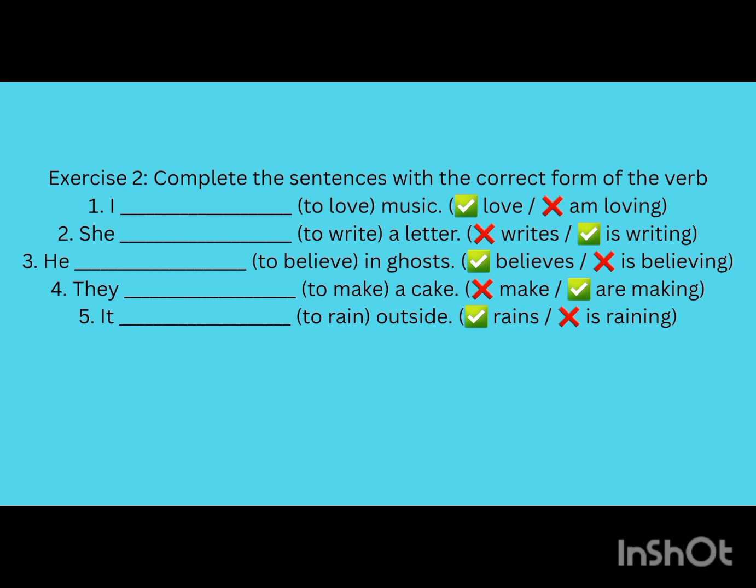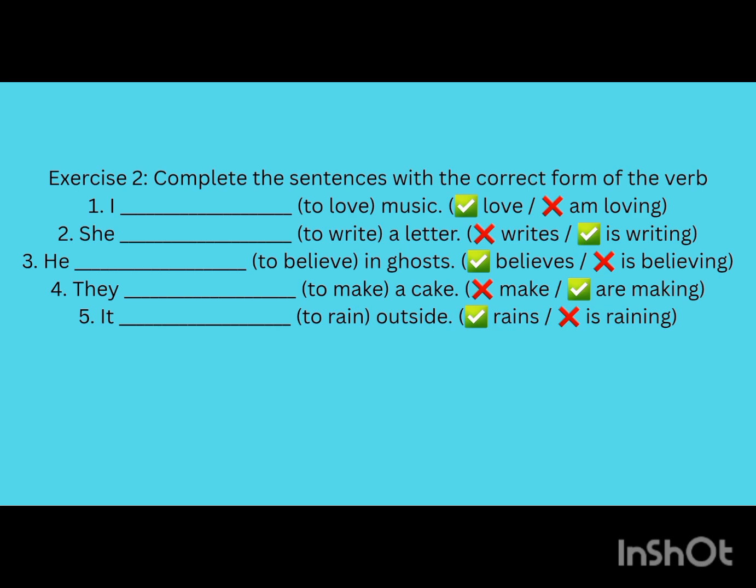Exercise 2: complete the sentences with the correct form of the verbs. First, I (love) music. The answer will be love; am loving is wrong. She (write) a letter. Writes is wrong; is writing is correct.